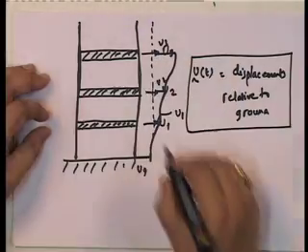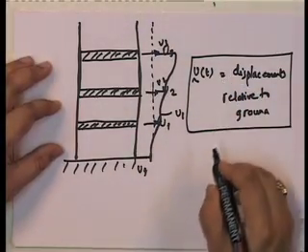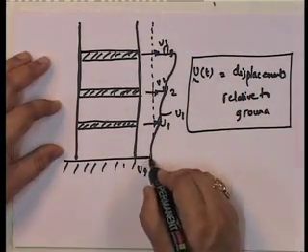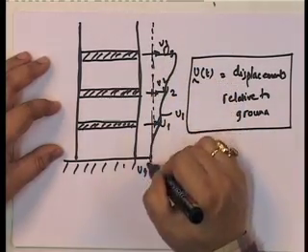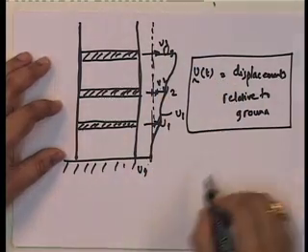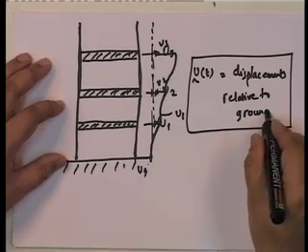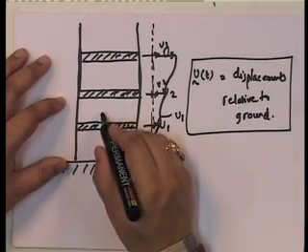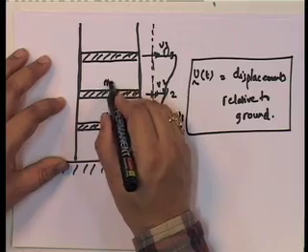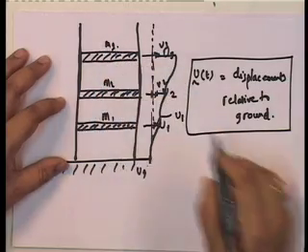If we define the displacements relative to the ground, in other words, the ground has moved here. So the displacements are all considered relative to the ground. Then what do we have? Well, let us look at it. This is M1, M2, M3. Okay.